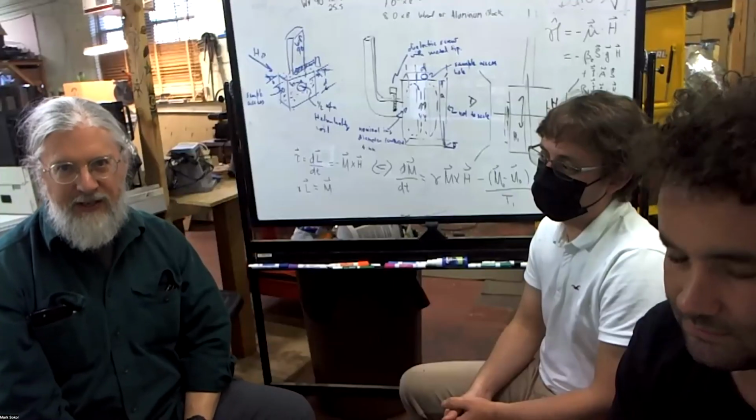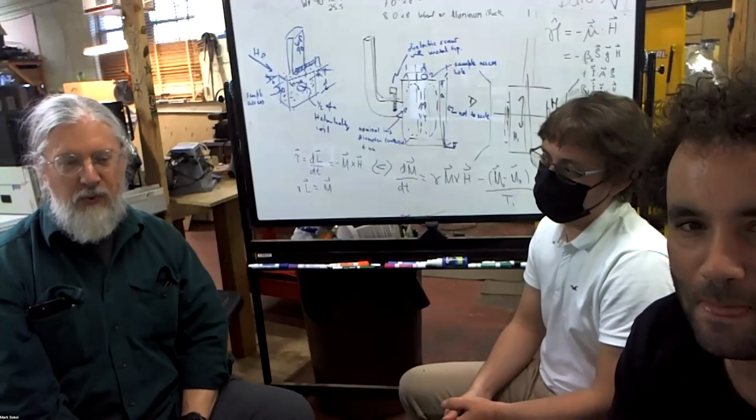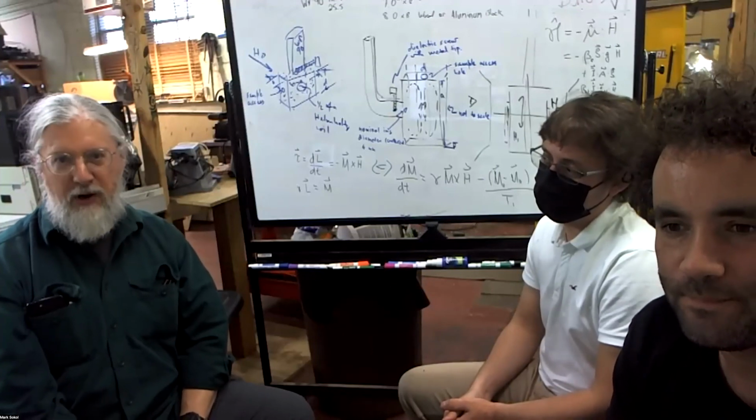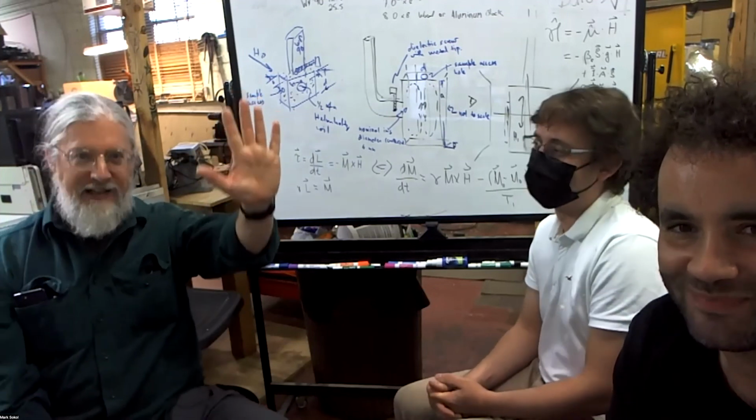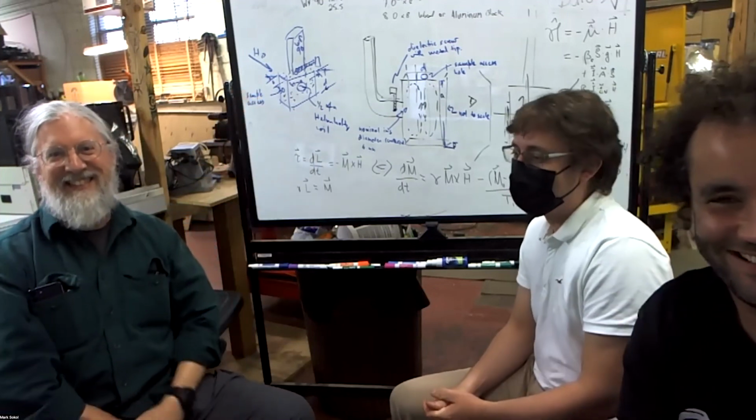So that's a kind of magnetic levitation that you never want to have to go to your boss and confess has just happened. Not that it's ever happened to me. Me neither.